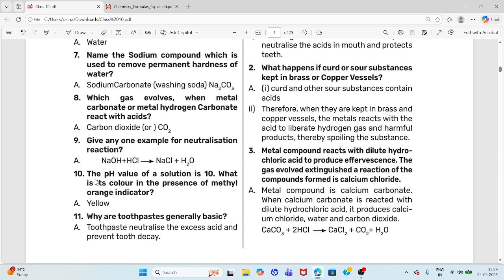Tenth question: the pH value of a solution is 10. What is its color in the presence of methyl orange indicator? Answer: yellow. 11th question: why is toothpaste generally basic? Answer: toothpaste neutralizes the excess acid and prevents tooth decay.